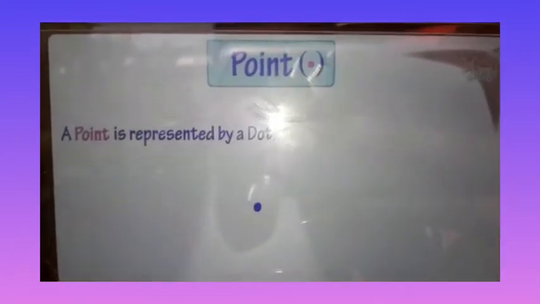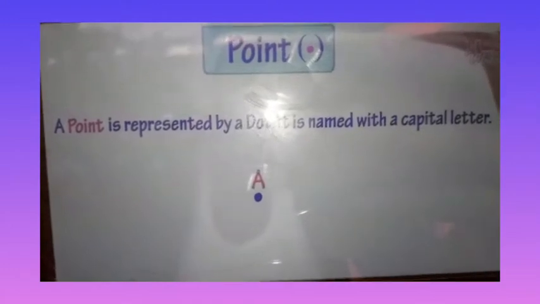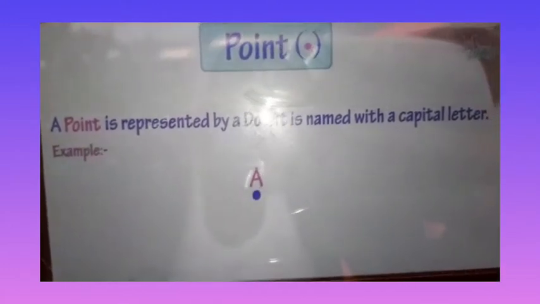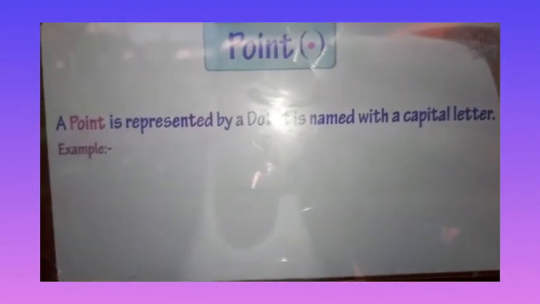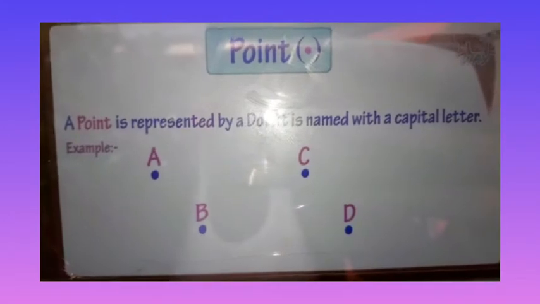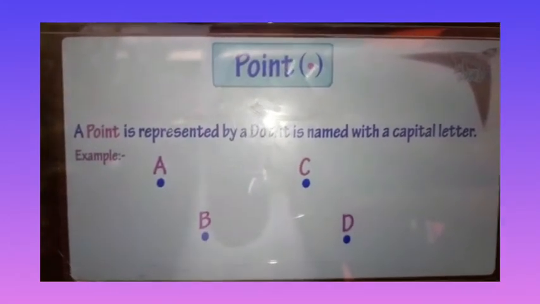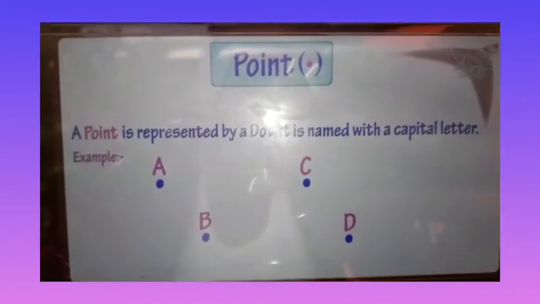A point is represented by a dot. It is named with a capital letter. Example, this is point A. Here are more examples of points. Here, A, B, C, D are points.